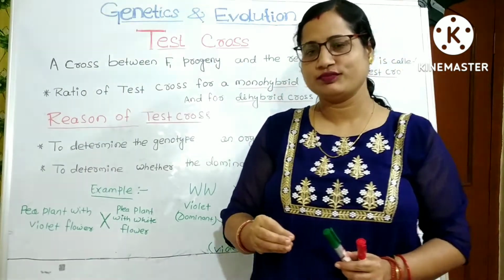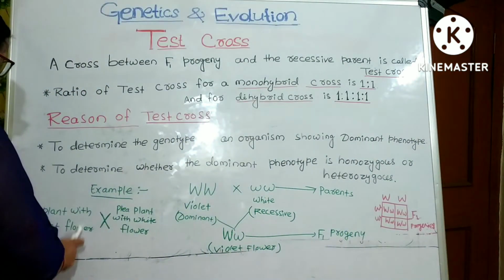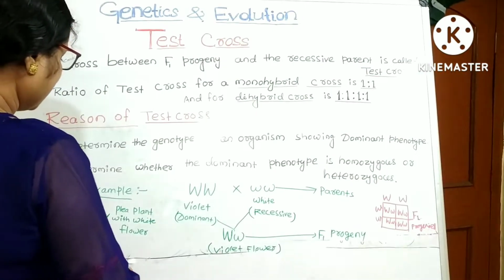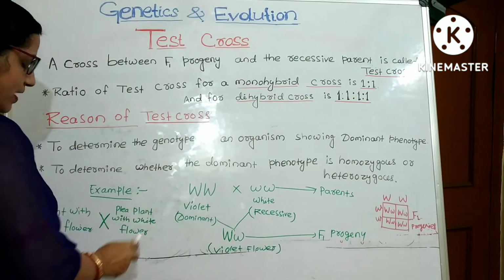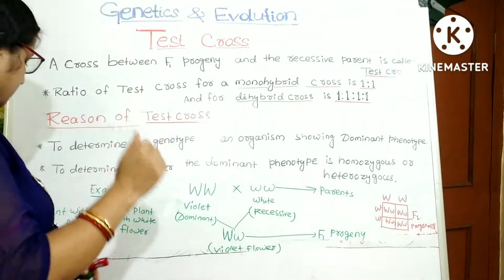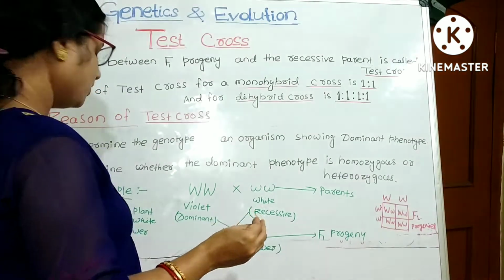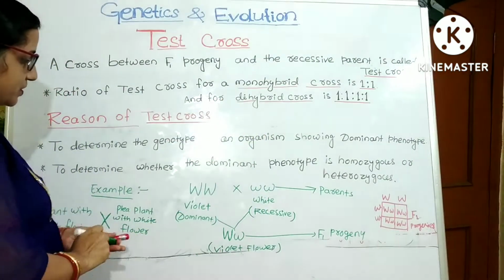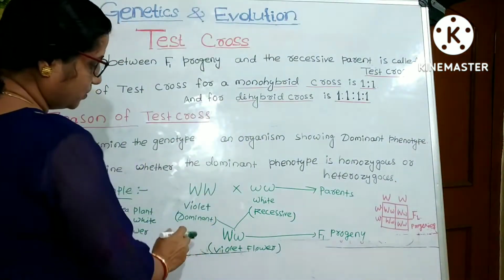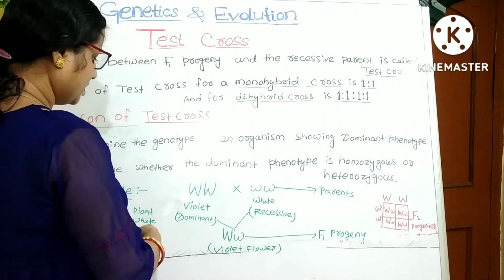For example, let's take one pea plant with violet color flower and another pea plant with white color flower. If we cross the violet and the white flower, the violet color is dominant and white color is recessive.